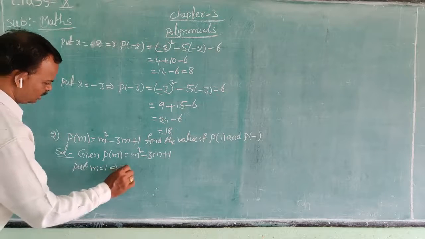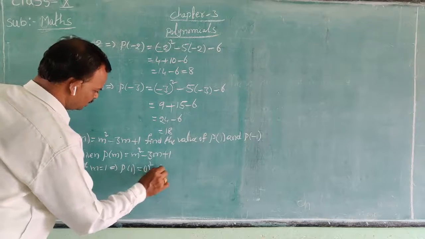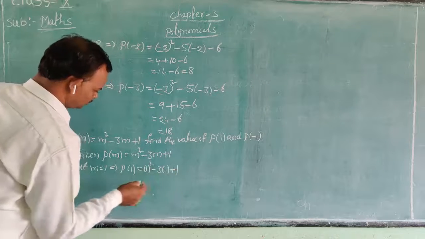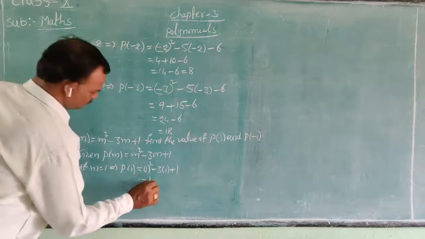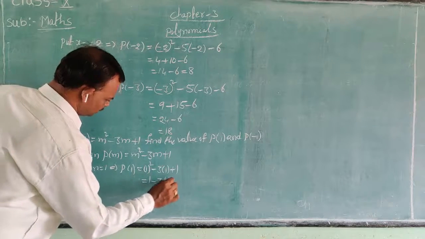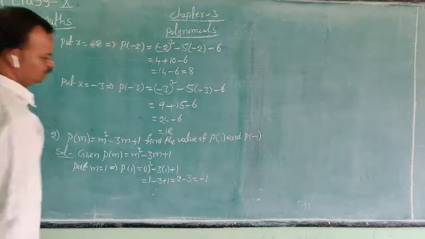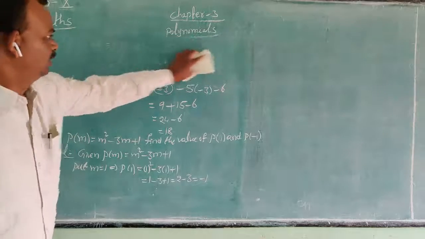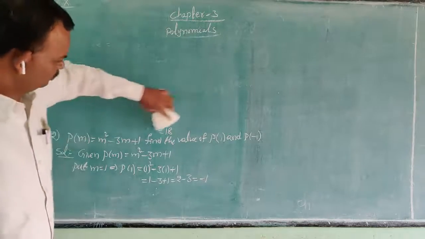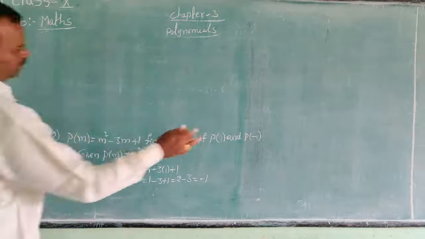That implies p of 1 is equal to 1 square minus 3 into 1 plus 1. 1 1s are 1 minus 3 plus 1. That is equal to 2 minus 3, minus 1.